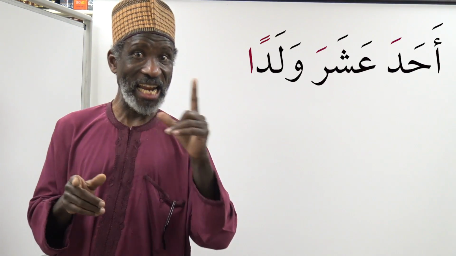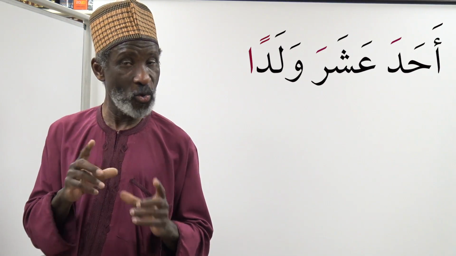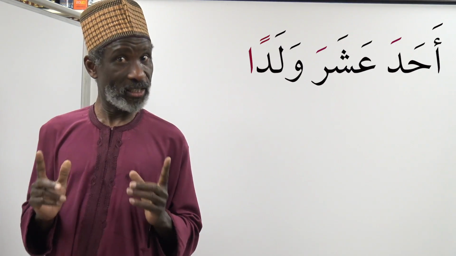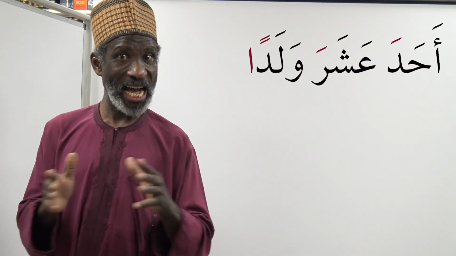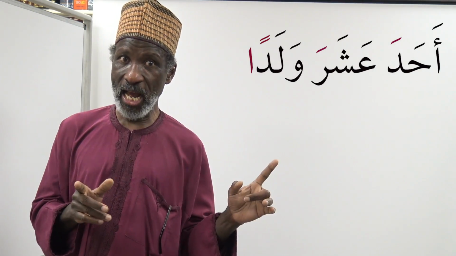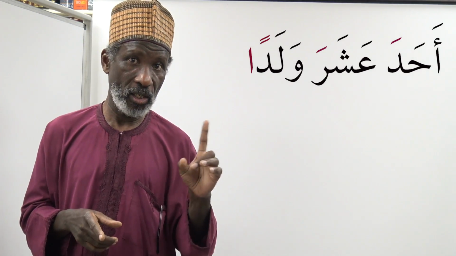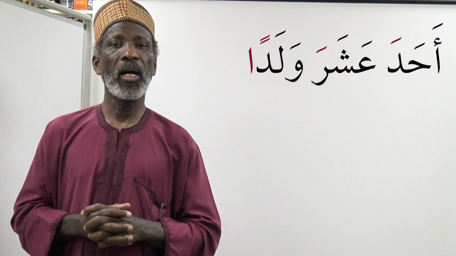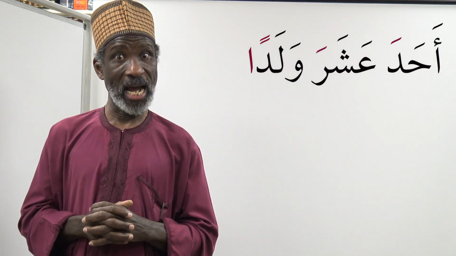So we will say ahada. We don't say wahid. You use this form of 1. Ahada, and that's masculine. If you are counting boys, once you say ahada, you know you are going to count a masculine, because number 1 is always of the same gender as the noun being counted.